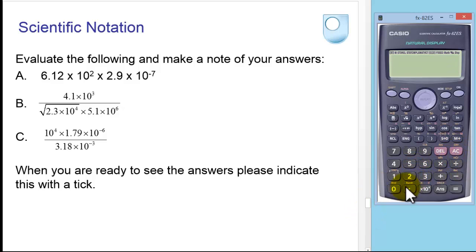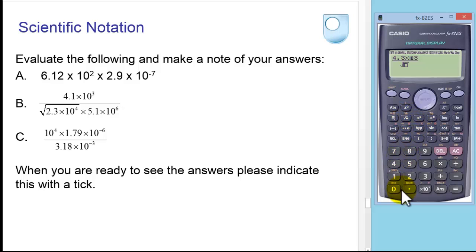The next one's a little bit trickier, because we've got the square root of 2.3 times 10 to the minus 4, which we need to take first before multiplying it by the other values. So you've got to be careful about how to input it. What we can do is open up everything as a fraction, as we did before. I put in 4.3 times 10 to the power of 3. Press the arrow until the cursor is flashing next to the box on the bottom.